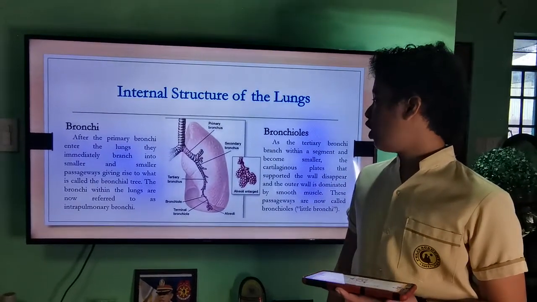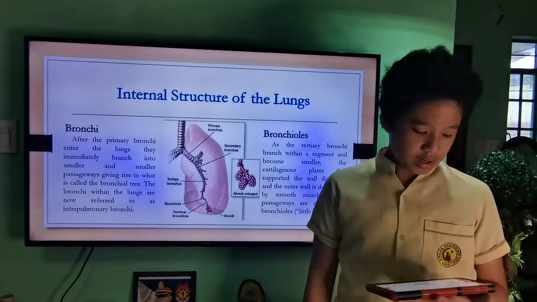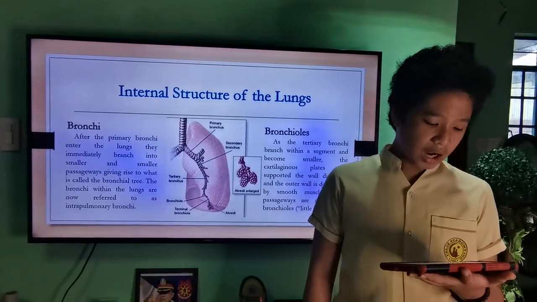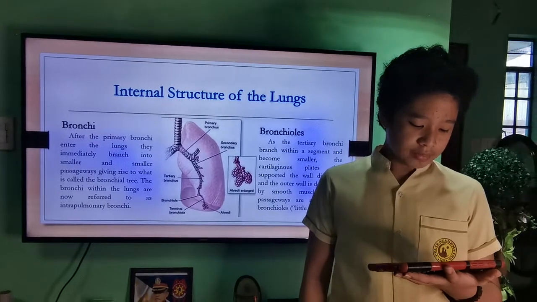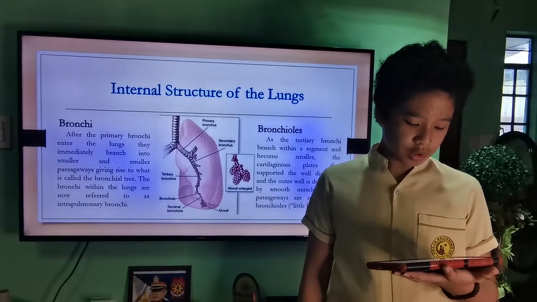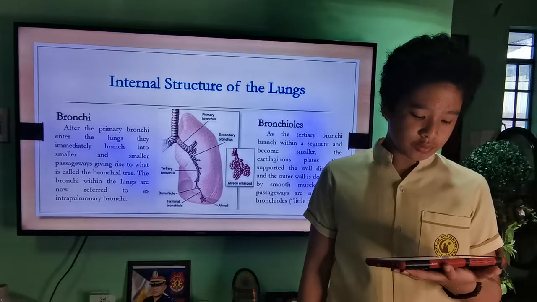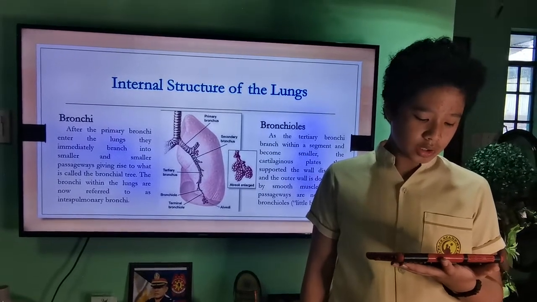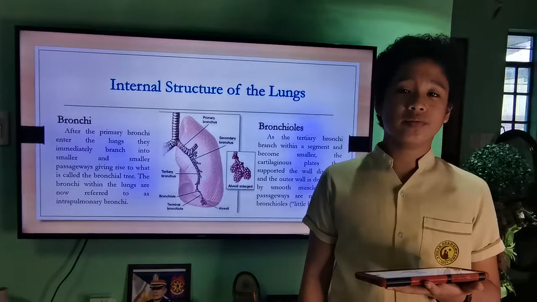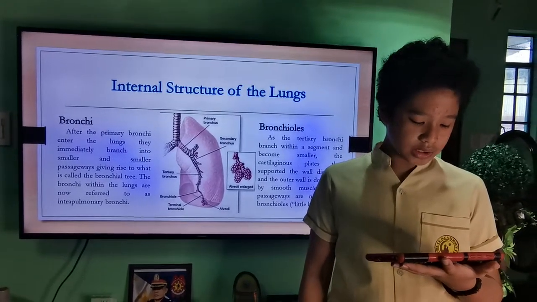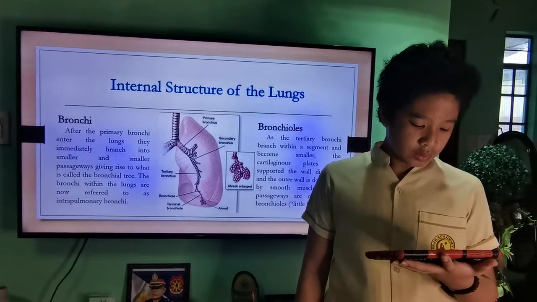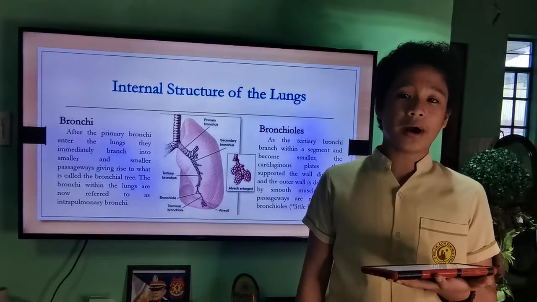Internal structure of the lungs. Bronchi. After the primary bronchi enter the lungs, they immediately branch into smaller and smaller passageways, giving rise to what is called the bronchial tree. The bronchi within the lungs are now referred to as intrapulmonary bronchi.